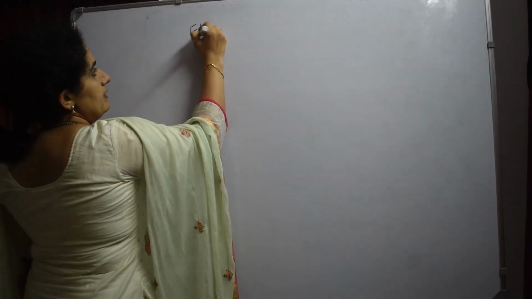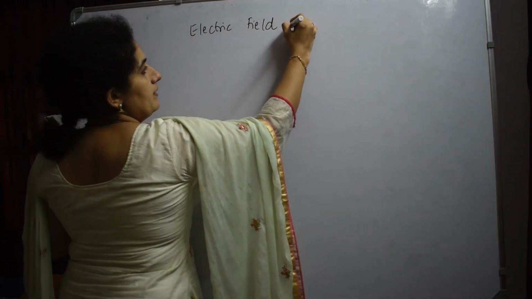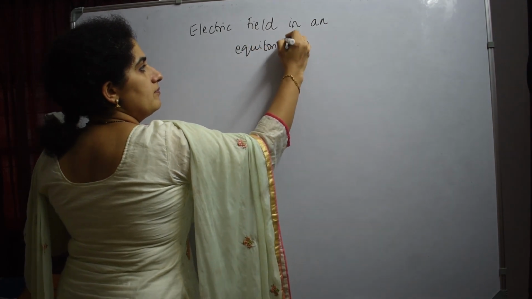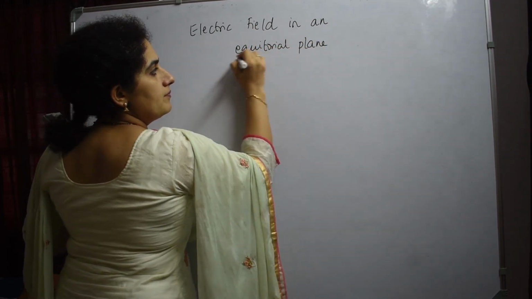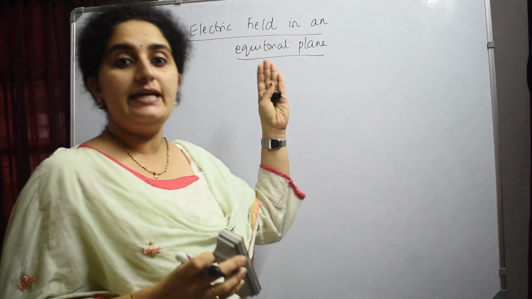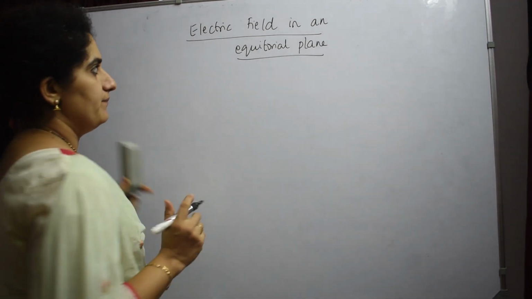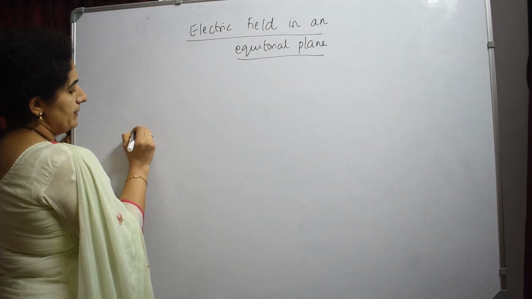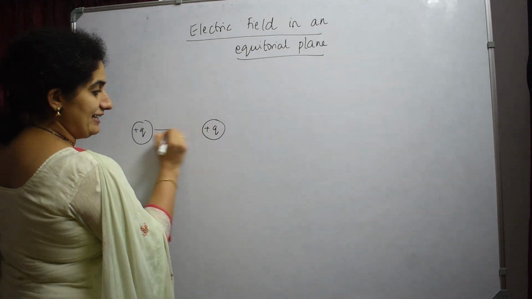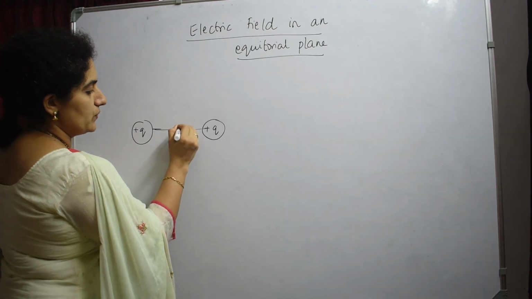Electric field in an equatorial plane. Any point in an equatorial plane, how are we going to find out the electric field? So again consider the simple diagram. Please see that you draw the diagram very neatly and clearly, which is separated by a distance of 2a.